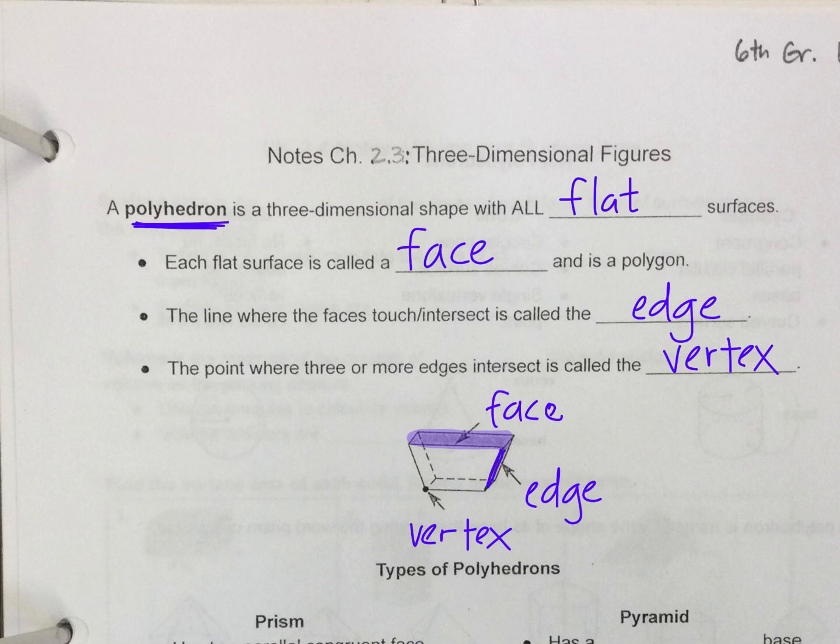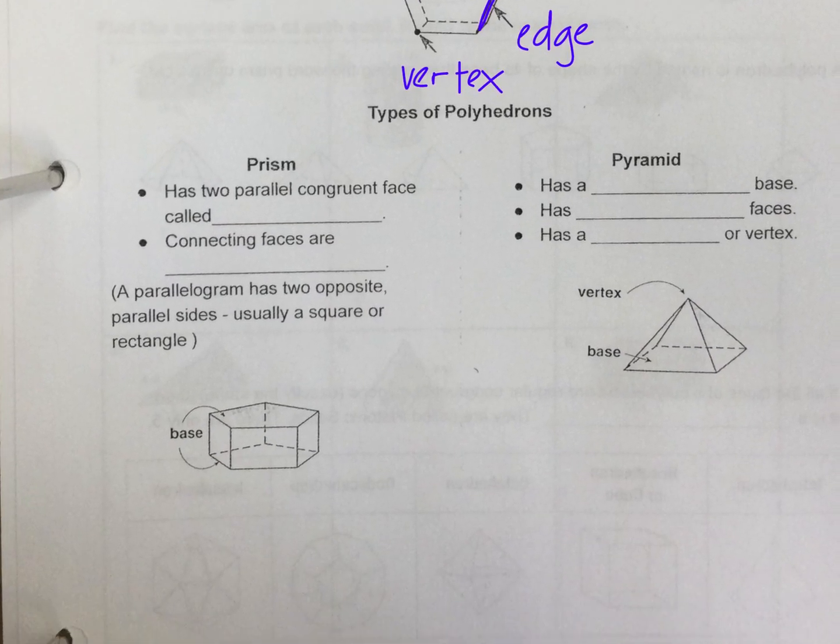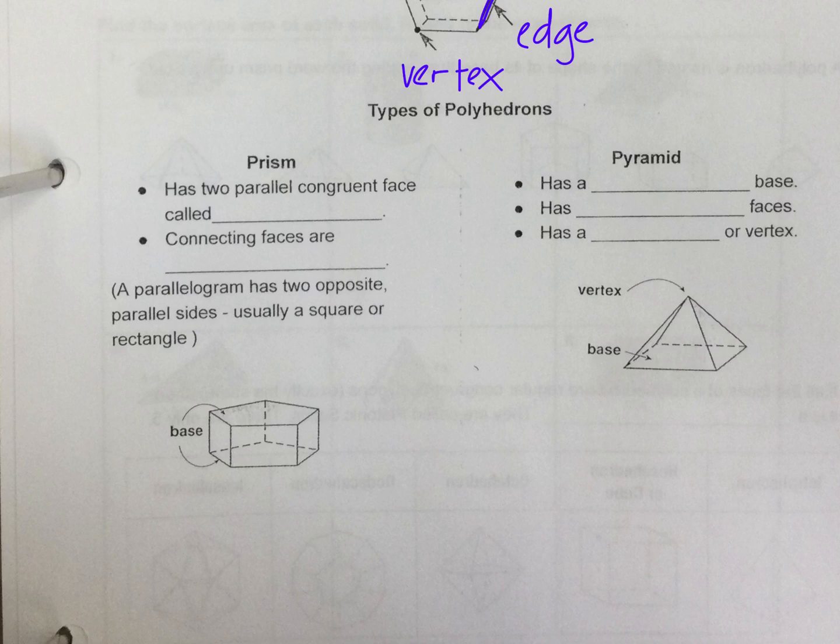And now we're going to talk about the two kinds of polyhedrons. A prism has two parallel congruent faces that we call its base, or bases. And the connecting faces are always parallelograms. And what that means is, in this figure right here, we have all these rectangles.